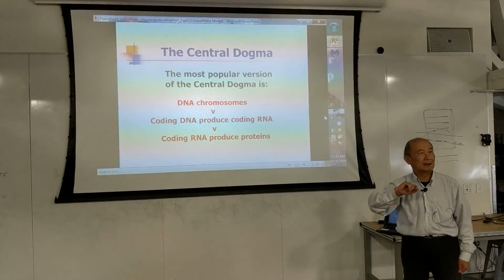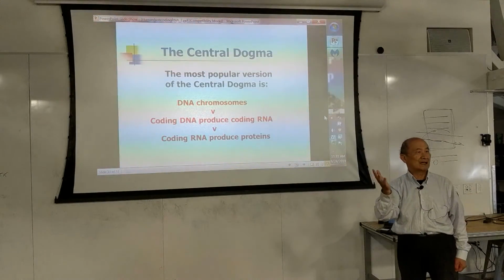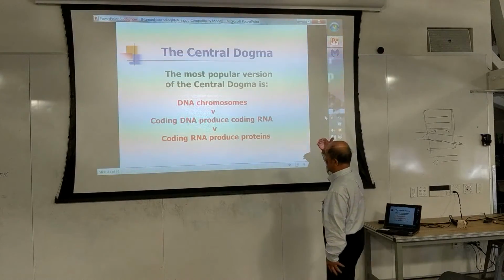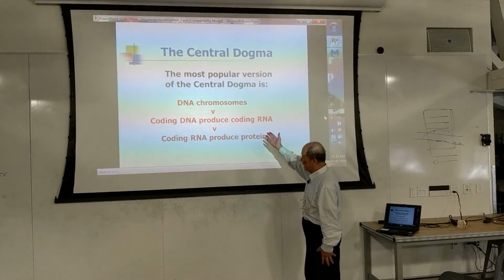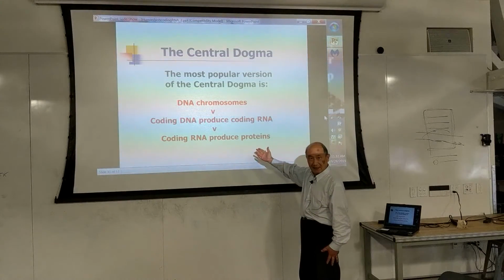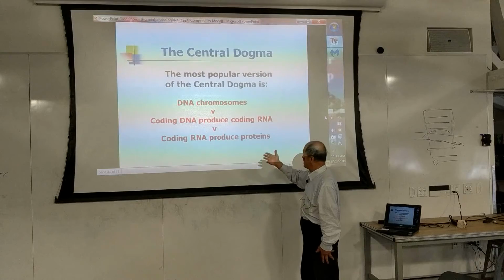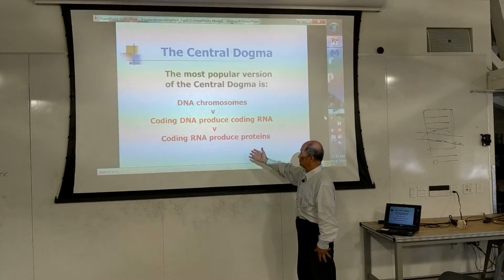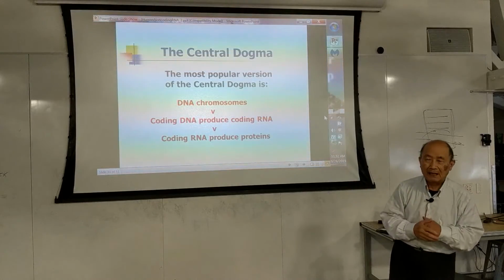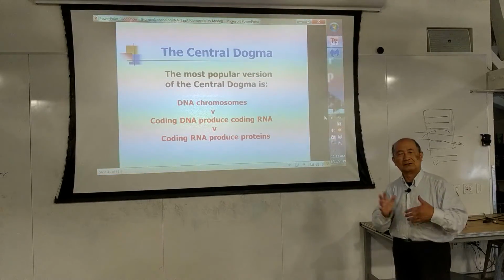It claims that the information in DNA is copied into RNA, and the information in RNA is used to produce protein. So this is the central dogma, which guided research development in microbiology for 60 years.